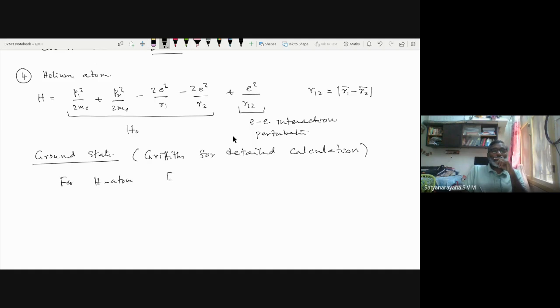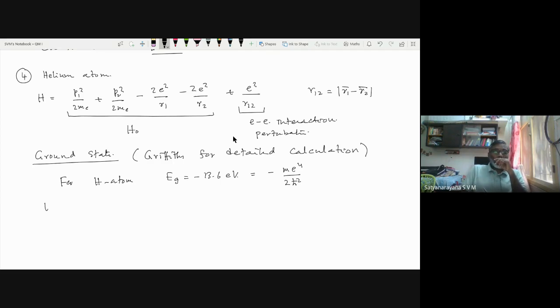the ground state energy is minus 13.6 electron volt. For hydrogen, this is equal to minus m e to the power 4 by 2 h bar square, correct?